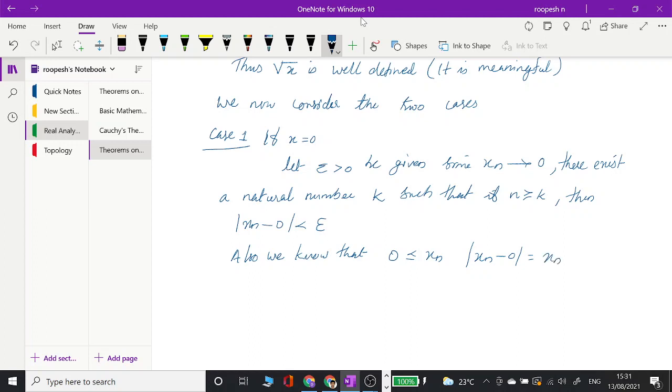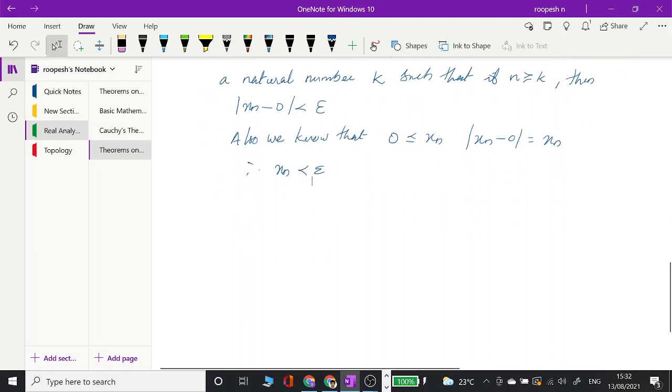So what we have is xn is less than epsilon. Call this equation 1.